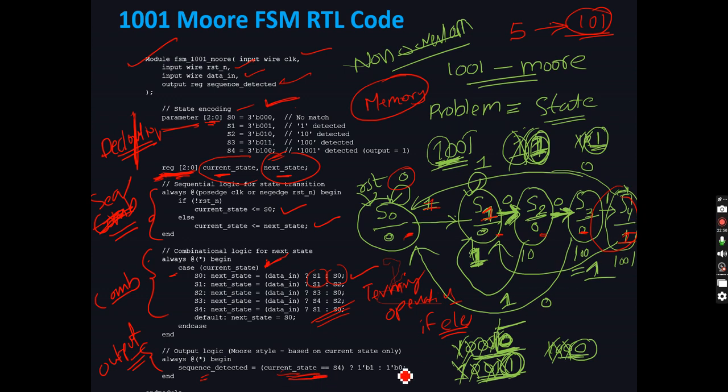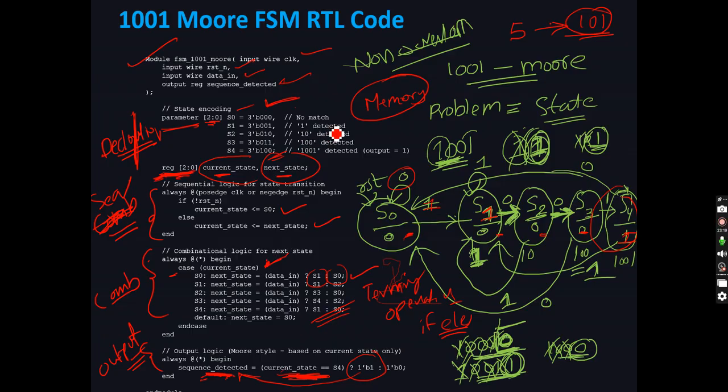Whenever the current state is S4, the output should be 1. That 1 is assigned to the sequence detected output that we declared in the module. Moore depends only on the state. This is the way of code styling of the Moore machine for simple 1001 detection.